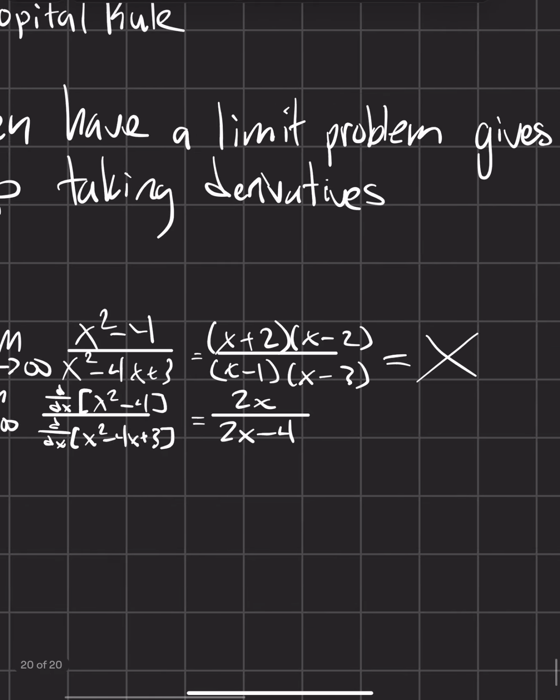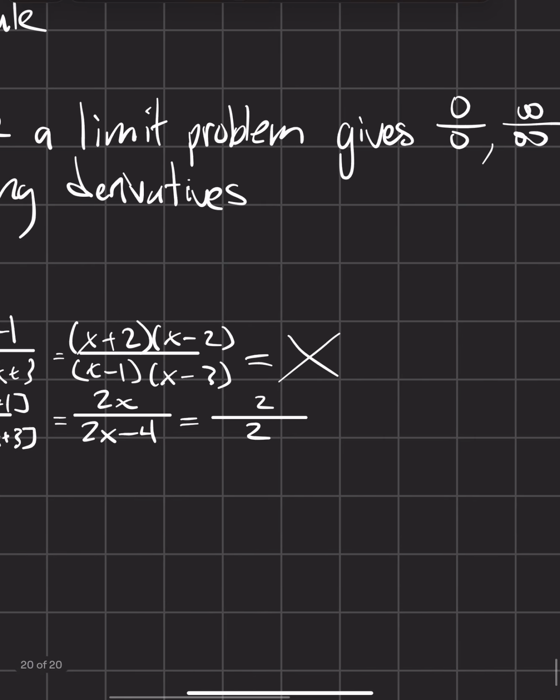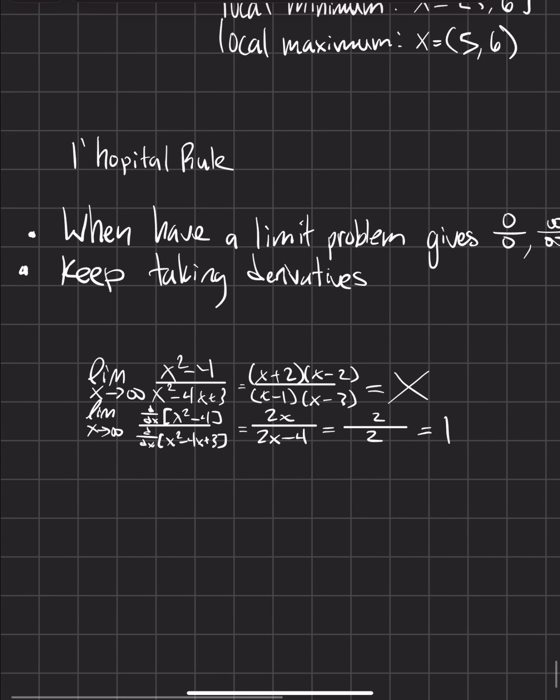And then you can see here, you can take the derivative once again. And this is just going to leave you with 2 over 2, which means that as x approaches infinity, the function's limit is going to approach 1. Pretty simple.